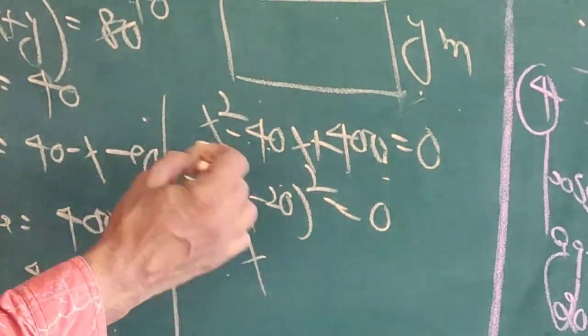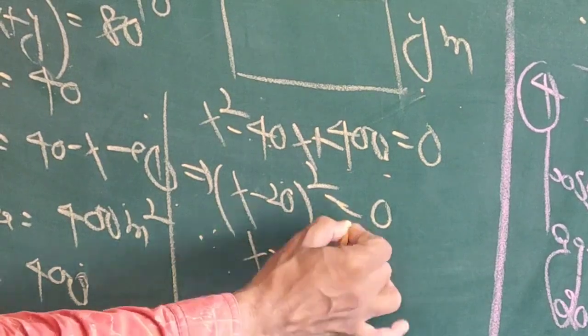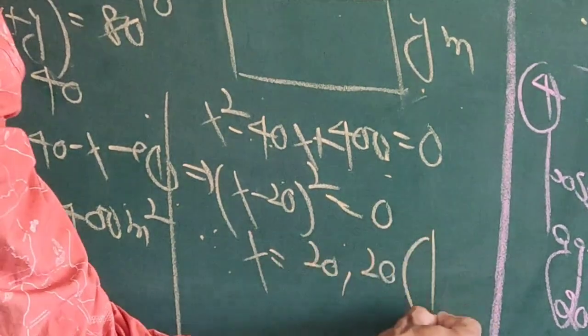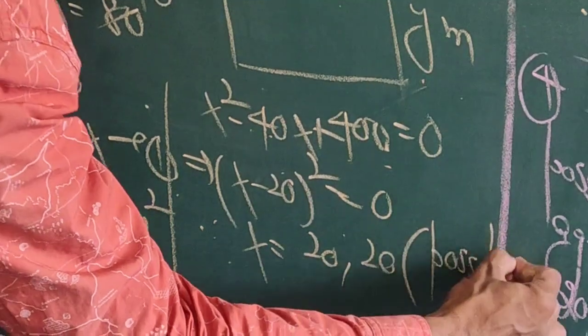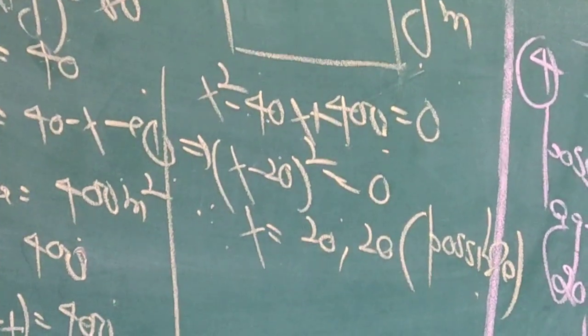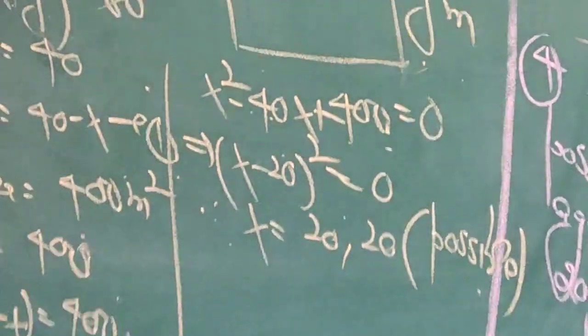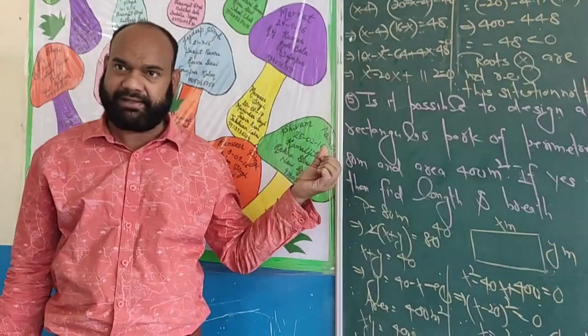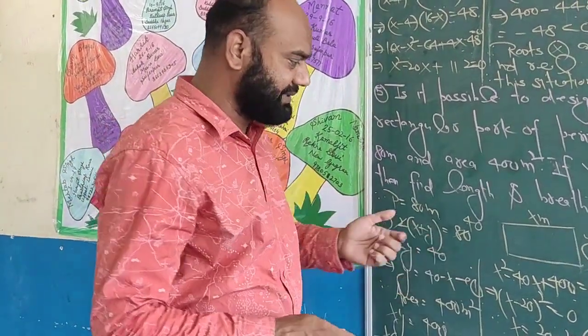So we get the two values of x and both values are 20 and both values are positive, so all are possible. So we can say that we can design this type of rectangular park having perimeter 800 meter and area 400 meters square.